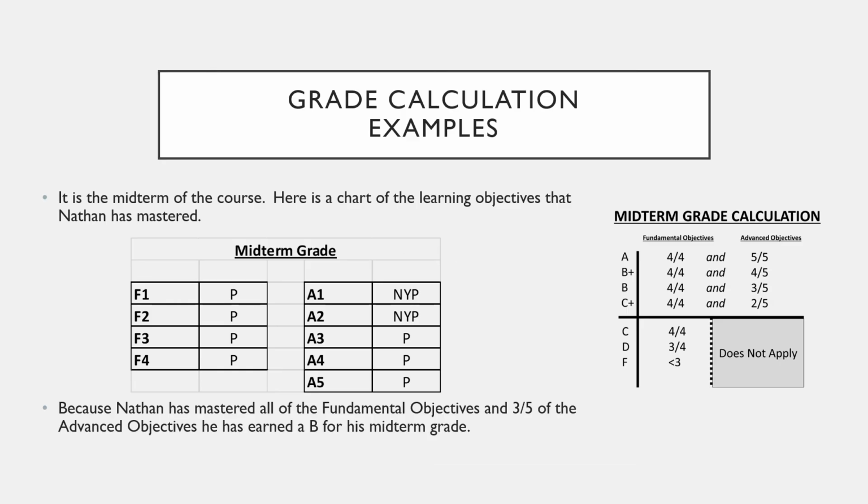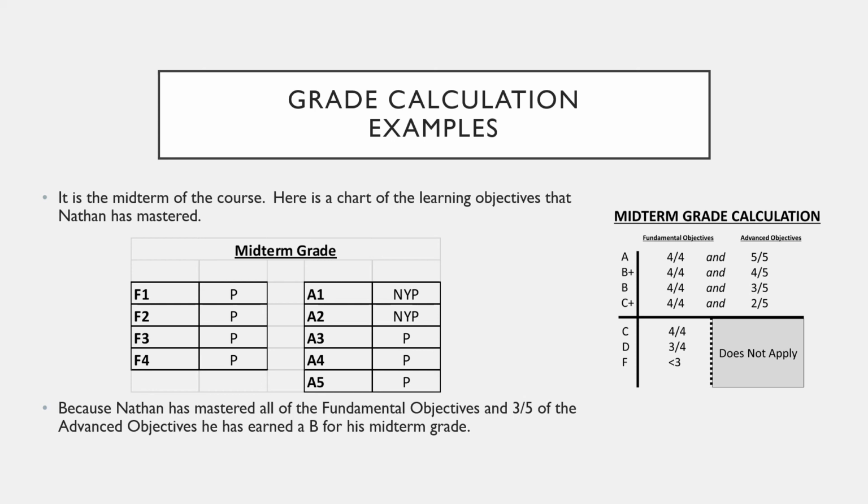So let's look at some examples for how this will work. It's the midterm of the course. Nathan has come to the midterm, and here is a chart showing which learning objectives Nathan has mastered. So when we look at Nathan's status, Nathan has mastered all 4 of the fundamentals. He has received a passed for the 4 fundamentals.